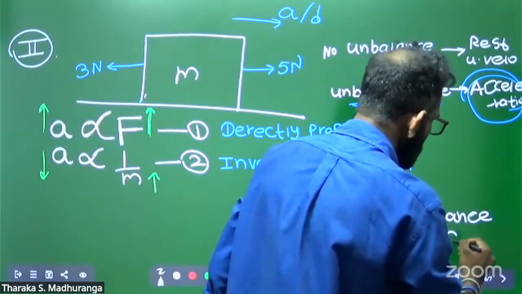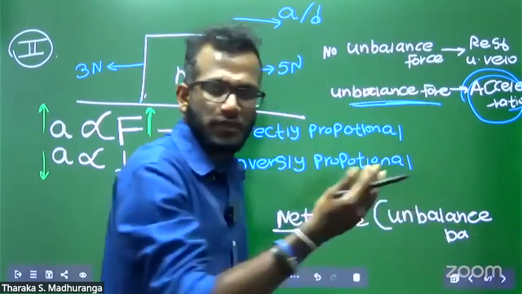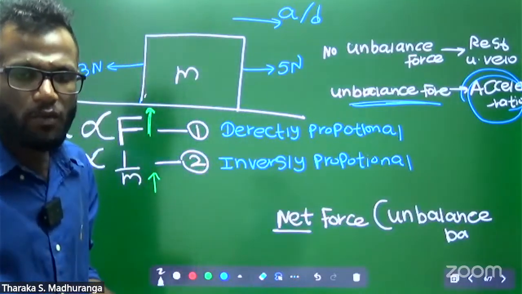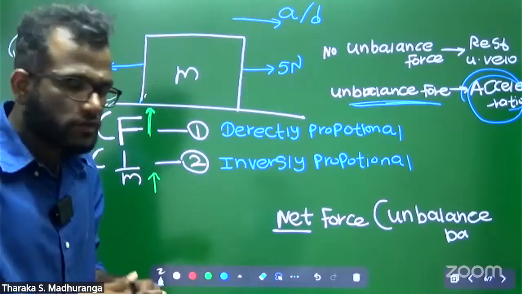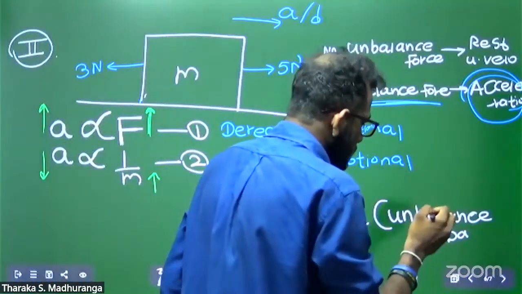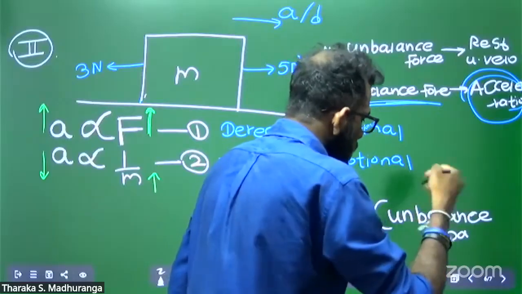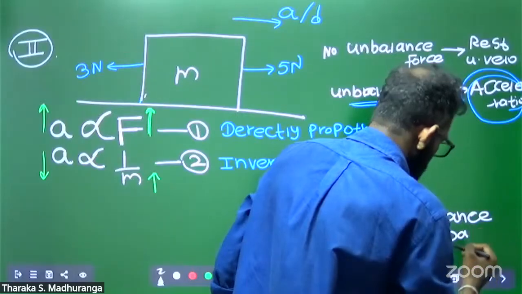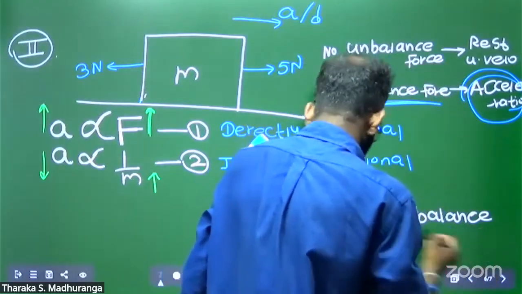Actually it is the unbalanced force, but after we discuss the resultant force, we can call it the resultant force or net force. That's okay. According to our knowledge, write within brackets: unbalanced force.